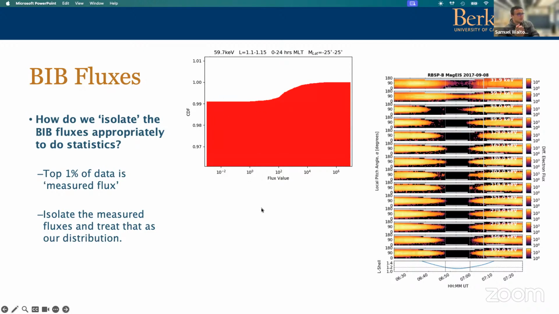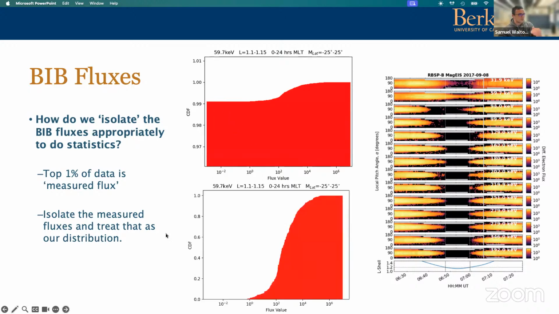So basically, when we look at these distributions below the inner radiation belt, we removed all the zeros, and so the data that we're looking at is simply around the top 1% of measurements below the inner radiation belt. We chose an L of 1.2 as a threshold.